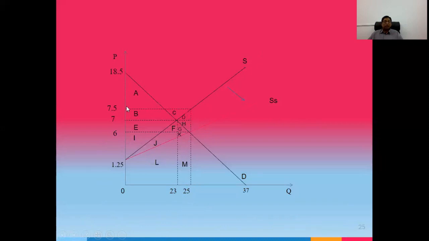This is the price that suppliers get, 7.5. This is the consumer's price or buyer's price, 6. The difference between 7.5 and 6 is the ad valorem subsidy at quantity equals 25.